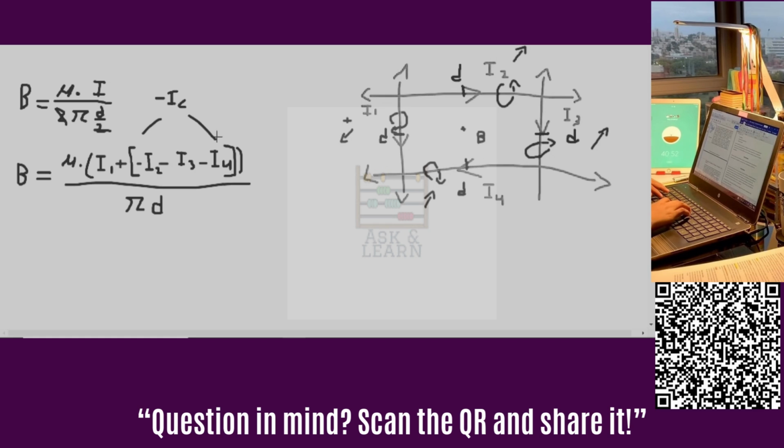So now we want to find I1, which we can rewrite this equation now, once again, as the magnetic field is equal to mu naught multiplied by our current one that we want to solve for minus IC, and all of this divided by pi d.